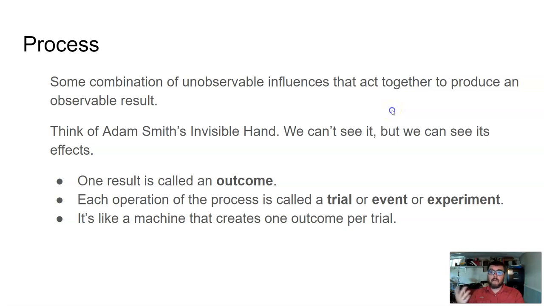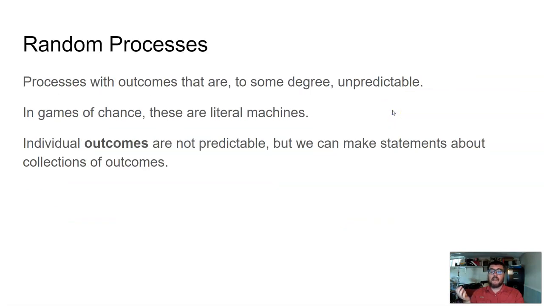And then a random process has some unpredictability to the outcomes that result. That's to say, you pull the lever and you don't know exactly what you're going to get. Like a bubblegum machine. Put a quarter in, twist the thing. You might get a red bubblegum, you might get a white bubblegum, you might get no bubblegum. You don't know for sure.